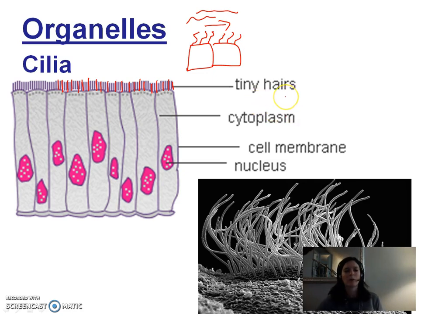Well, that can be really helpful in lots of different scenarios. One of the most important is in your respiratory tract. Deep inside your respiratory tract, as it enters into the lungs, there are cilia lining this space. And the cilia are constantly moving fluid, like mucus, upwards.